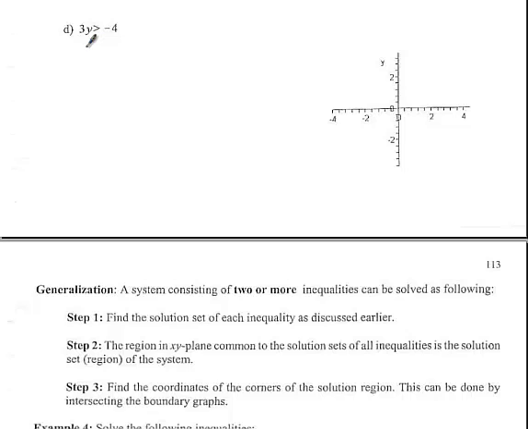Okay, when you have an equation where the only variable in the equation is y, what you have is a horizontal line. If you only have x, then you have a vertical line.